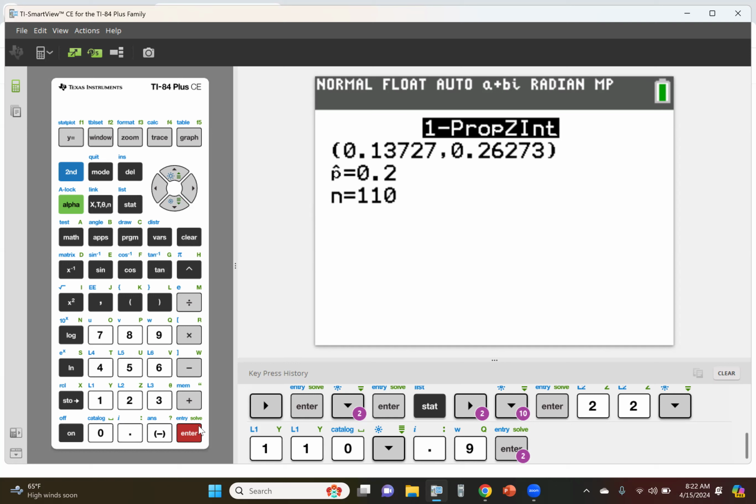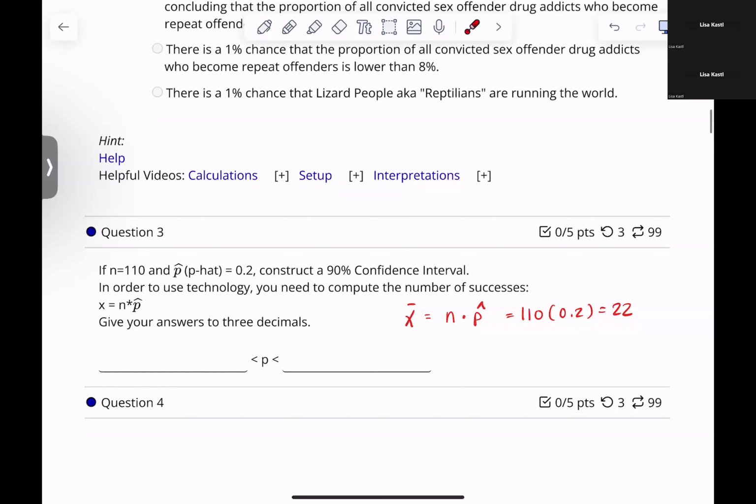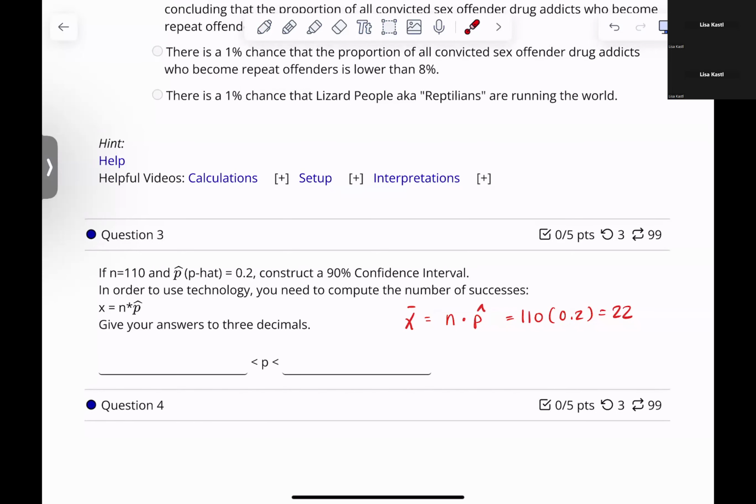The upper limit's 0.26273. And we're just going to type that in. The lower limit in the first box, the upper limit in the second box. And it says 3 decimals, so I guess I should round this off. So it's 0.137 to 0.263.